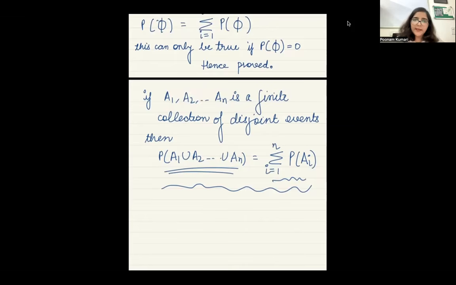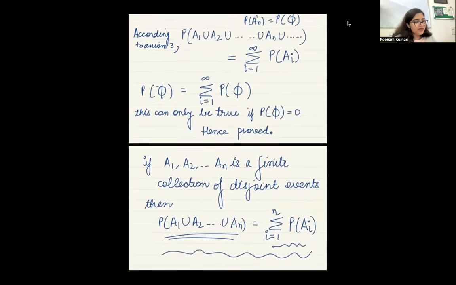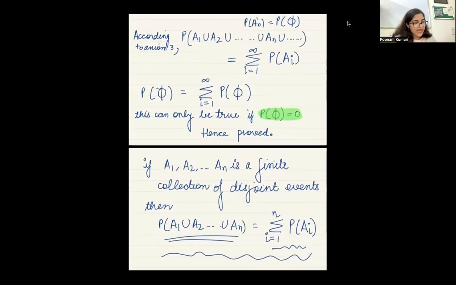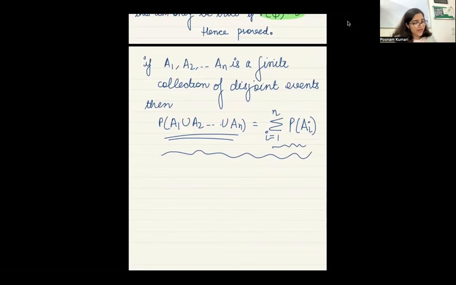Yes, ma'am. Okay, so now we have to prove this. The moment we have proved this, we will use this and axiom 3 to prove that this actually holds true. This is another proposition that we have. All right.